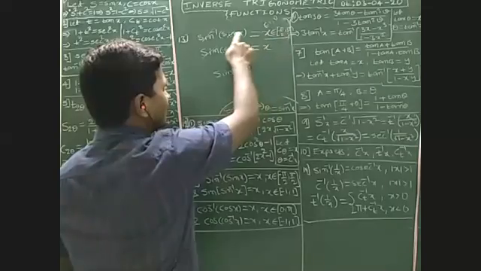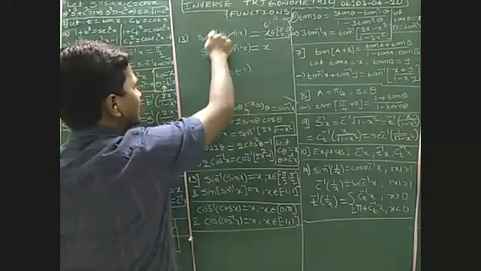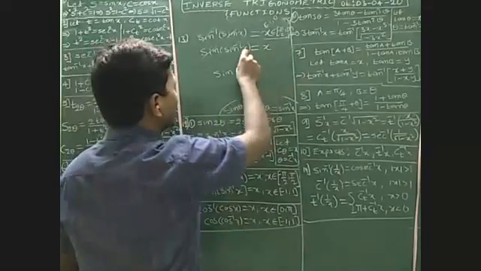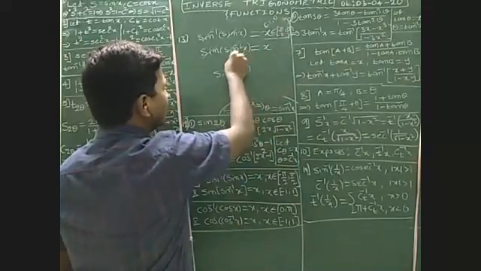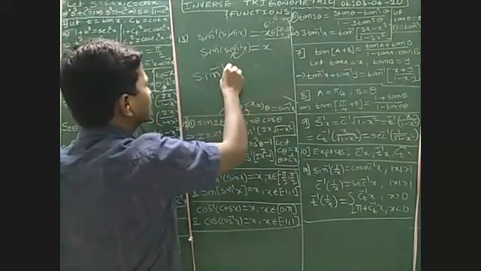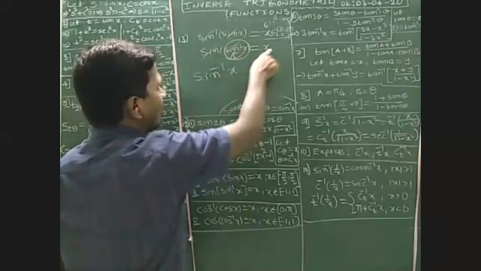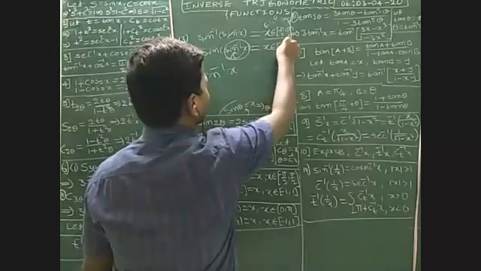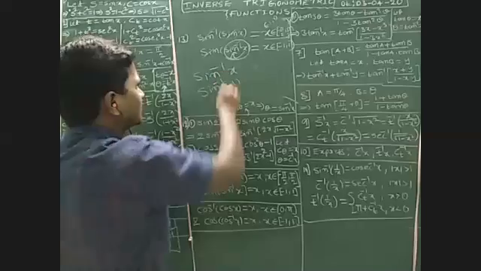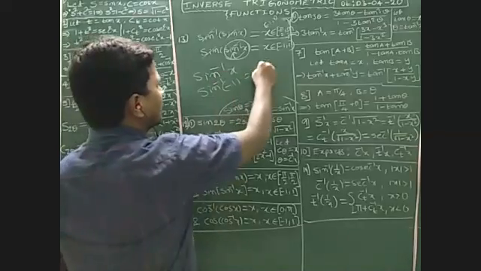Clearly, yesterday we discussed sin inverse. What is the principal value branch of sin inverse? Minus 90 to 90. See here, x belongs to sin inverse x within the bracket. What is the x value? Minus 1 to 1. Sin inverse of minus 1 is minus 90.